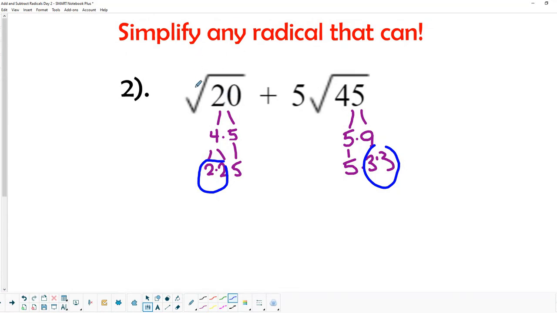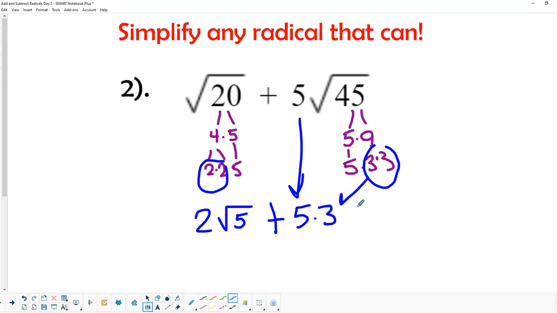So this first one can be written differently by taking the 2 out of the radical and leaving behind that 5 inside the radical. Then we have 5 on this one that comes down, but we're going to bring out a 3 to go with it. And then our radical is going to have a 5 left inside of it.